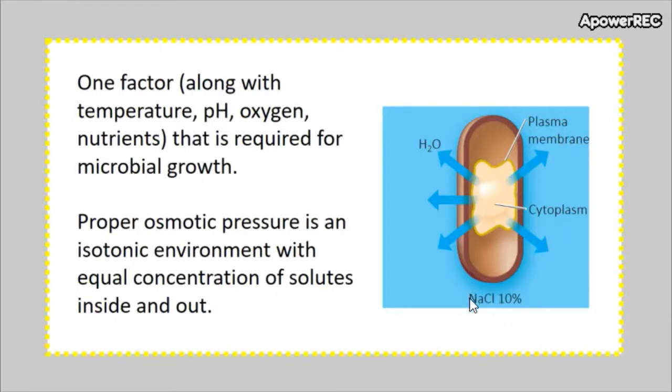So this NaCl 10% is a higher concentration of sodium chloride than what's present inside of this cell. And so water is able to move through this semi-permeable membrane without any problem because it's so small. So this water goes through simple diffusion outside of the cell until the concentration of salts is roughly the same, until it's in an isotonic condition. So this causes the inner membrane to shrink, and it can lead to plasmolysis, or disruption of this membrane.